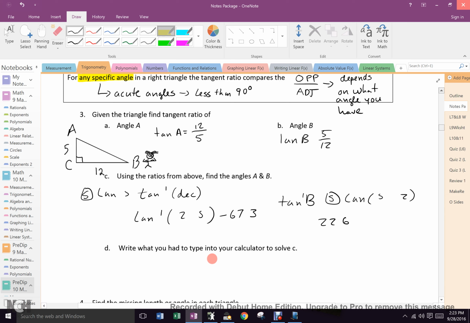For me, I need to hit second, tan, bracket, 5 divided by 12 bracket equals. Some of you won't need the bracket. Some of you will say I and V. Some of you will say shift. Some of you write down what you need to type. Second tan bracket, 5 divided by 12, bracket.